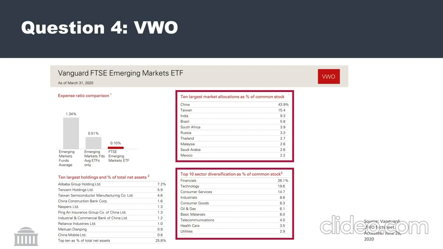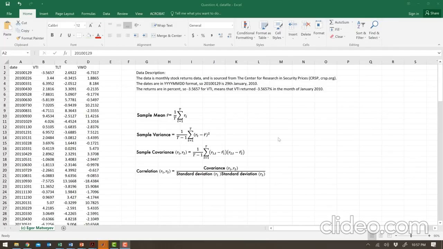The sectoral breakdown in emerging markets is a little different compared to the United States. The first sector that has more than a quarter of all holdings is financials, followed by technology, consumer services, industrials, and consumer goods.